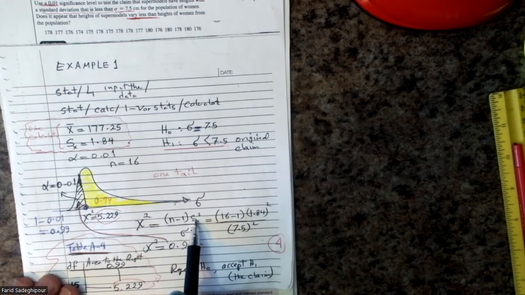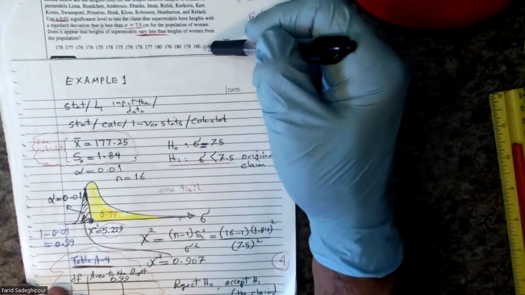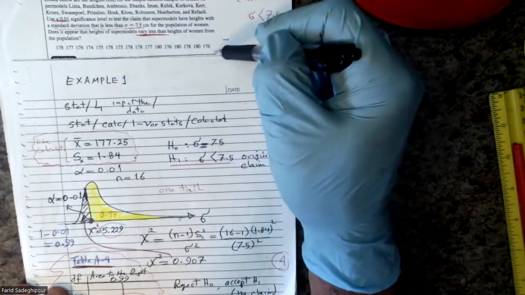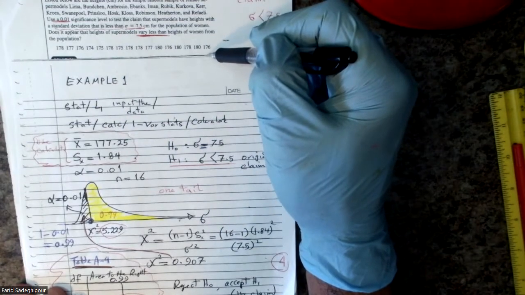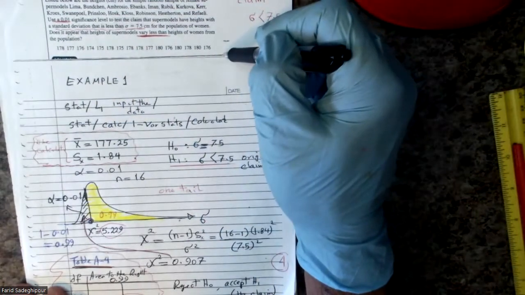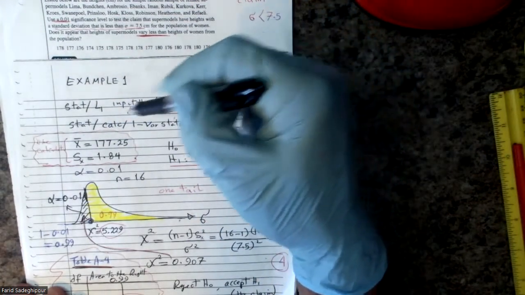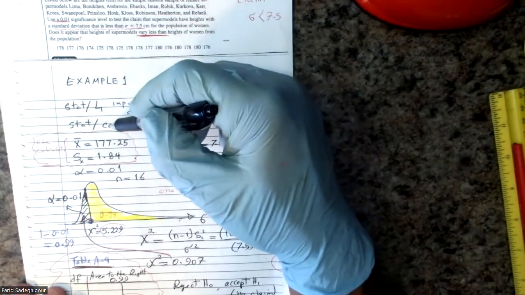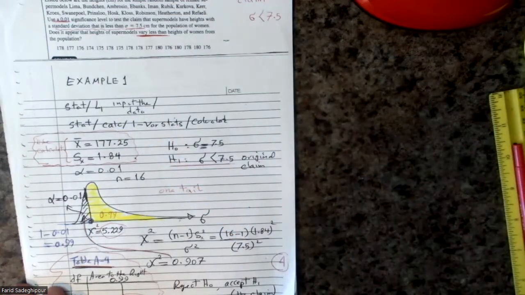So we need to find the standard deviation of the sample for these numbers. If you want to use your calculator, you take all these numbers and put them in L1 on your calculator.